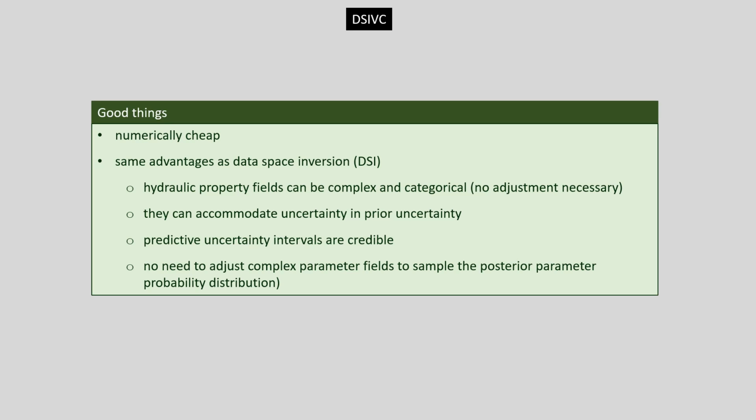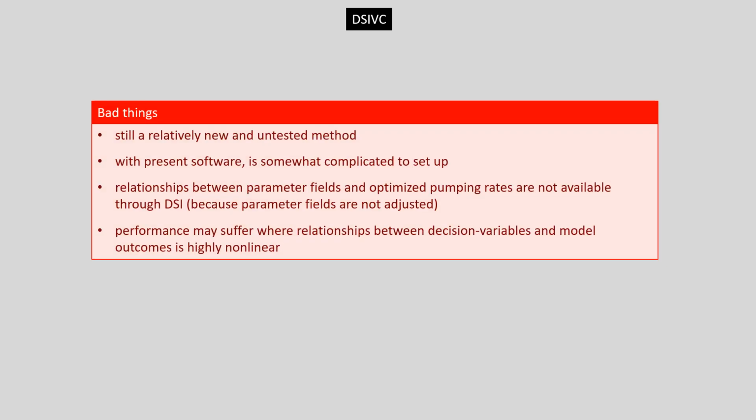I also think that the uncertainty intervals that are calculated by data space inversion have credibility, as much credibility as those calculated in any other way, but done at much less numerical cost. There's no need for adjustment of parameter fields, and that saves the risk of bias and it saves the numerical cost hugely. The bad things.